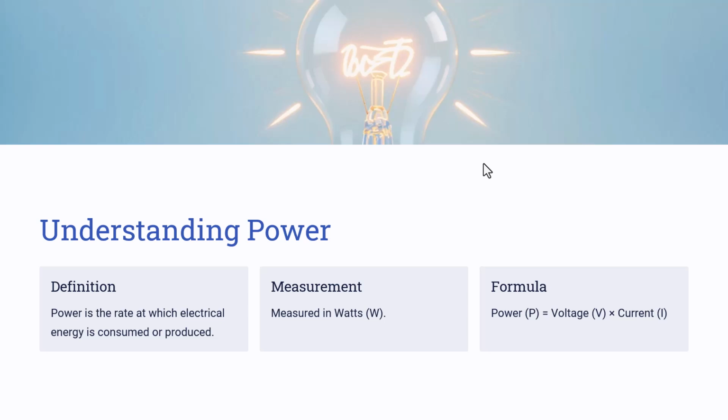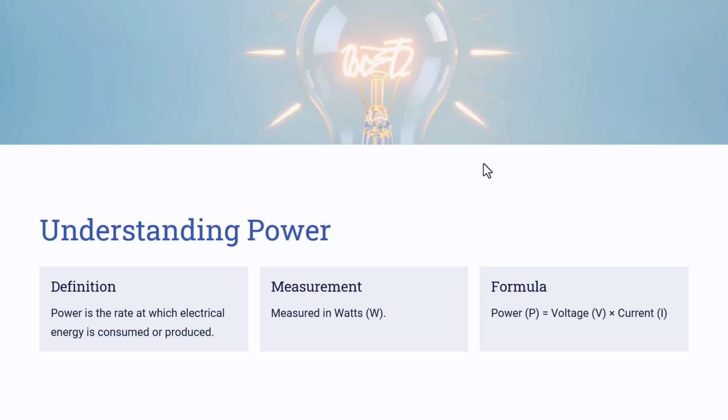This results in a type of energy known as electrical energy, the energy produced as a result of the flow of electrons. Power is the rate at which these electrons, this energy, are being consumed or produced.